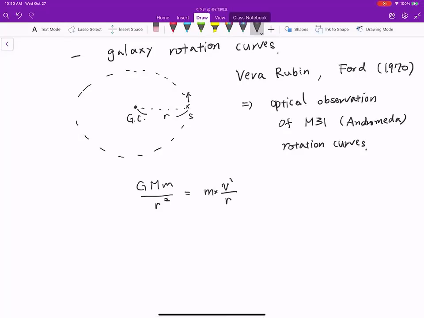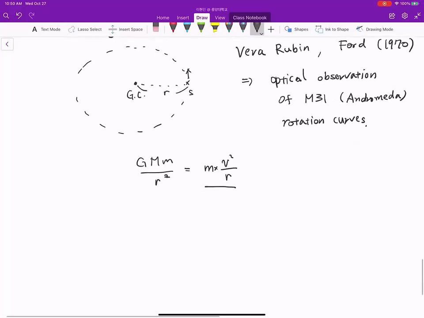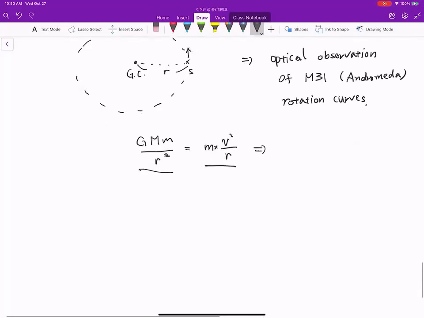Let's say the solar system undergoes circular motion. Then the right-hand side is m times acceleration, and the left-hand side is the gravity force. Here m is the sun's mass, and M is the mass enclosed within radius r.